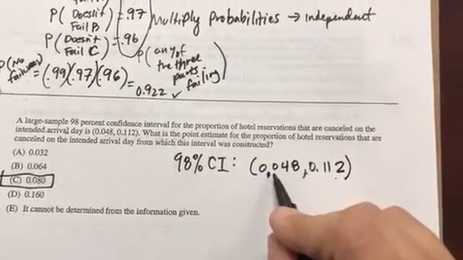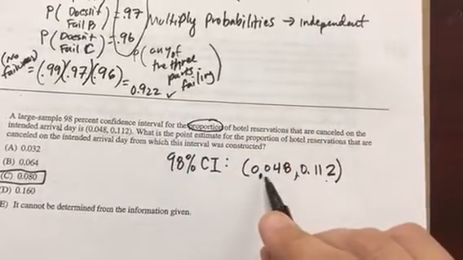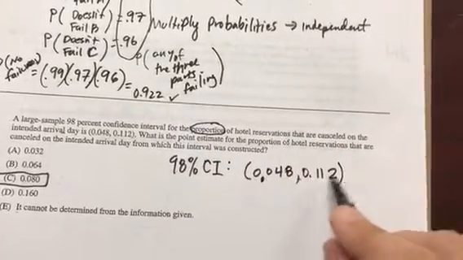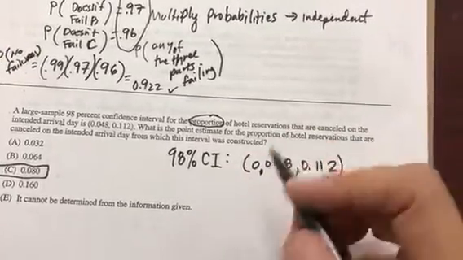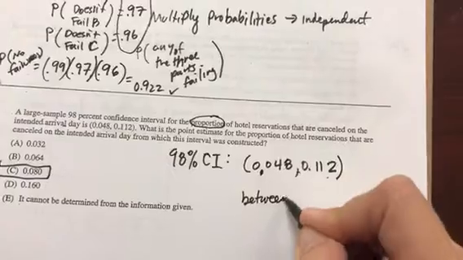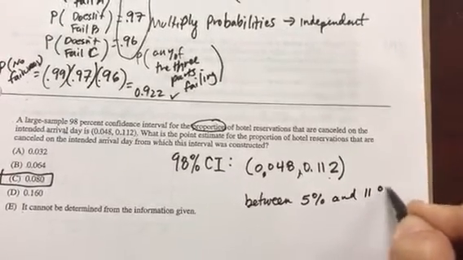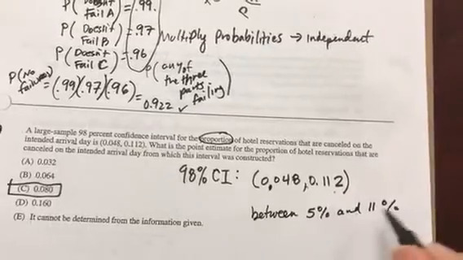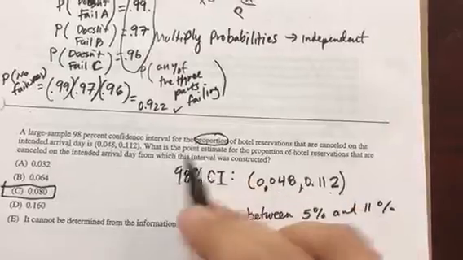So it looks like it's a confidence interval for a proportion, and it looks like the number is somewhere between, this is almost 5% and that's 11%. So somewhere between 5% and 11%, we believe, is the true proportion of hotels that had to cancel.